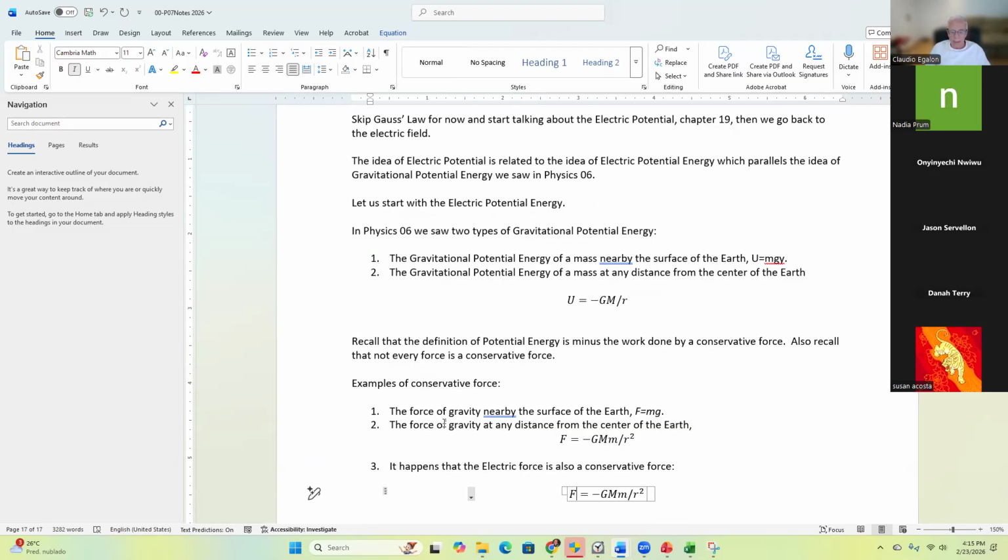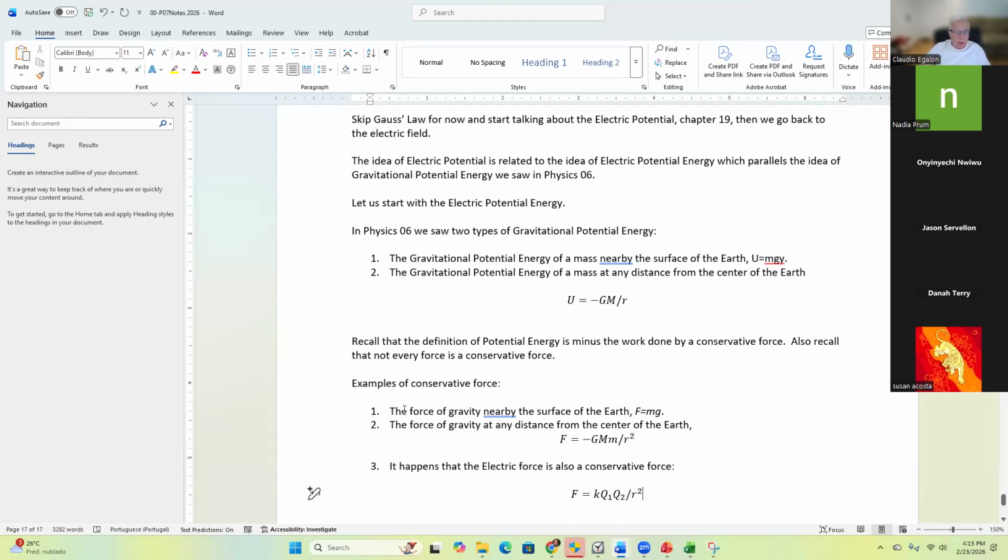The electric force is given by K Q1 Q2 divided by r squared, and we can take the sign off here, because if one of the two charges is negative and the other is positive, the force is going to be attractive.